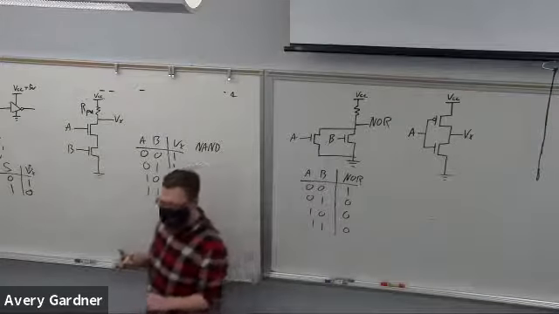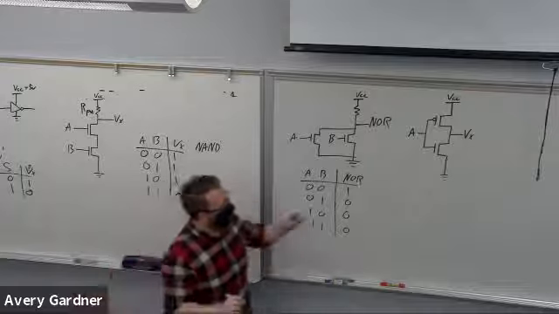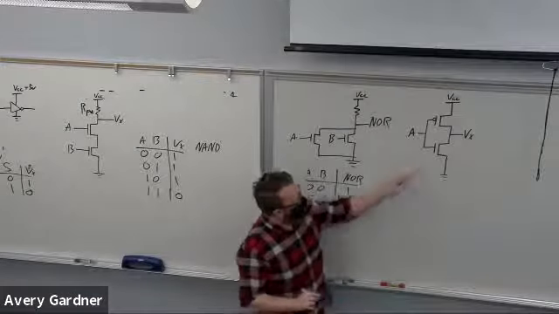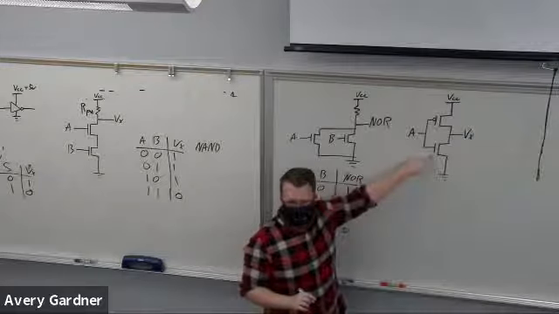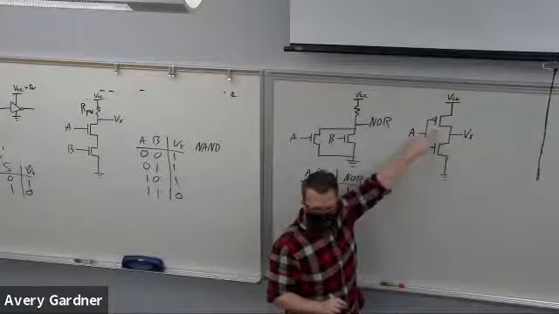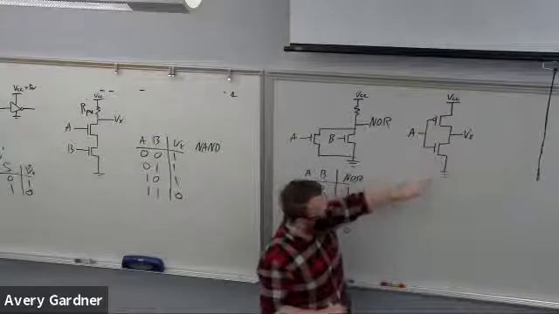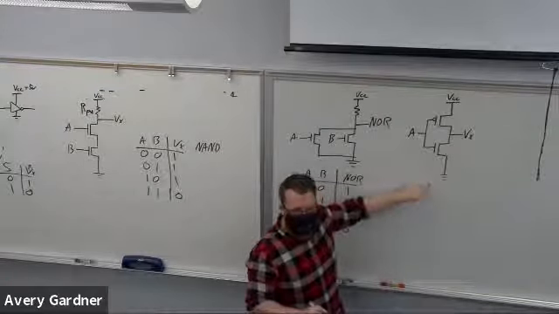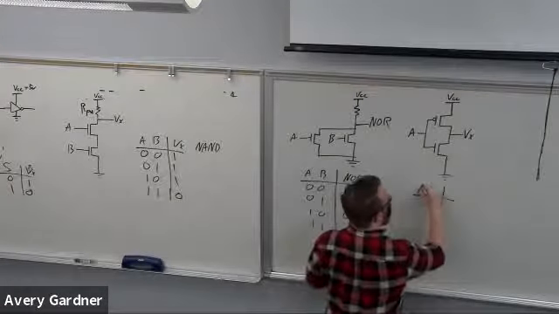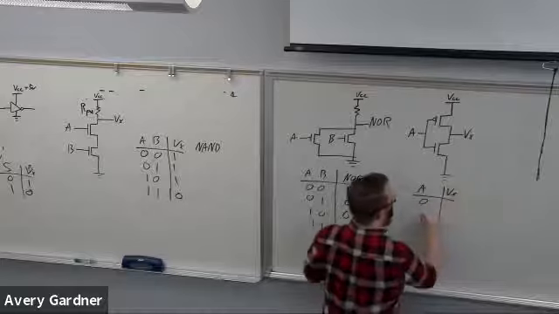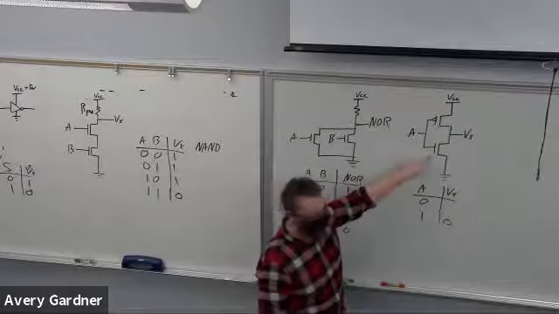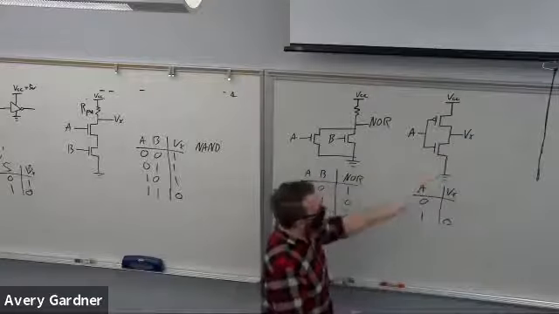Okay. So if A is high, A is 1, this switch closes, this switch stays open. Therefore, we pull it down to ground. So that's the 1 case. In a 1, this switch closes, pulls to ground.